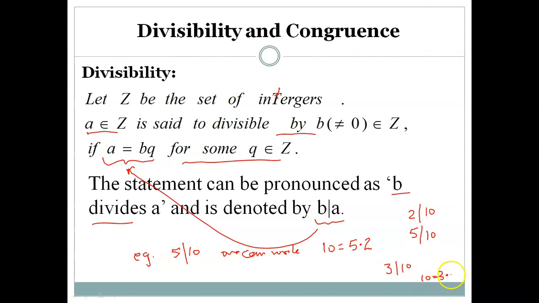There is no integer such that their product equals 10. If I write 3 and another integer, I cannot find one so that the product will give you 10. So I can say 3 does not divide 10. So this is the idea of divisibility. Keep in mind, I again repeat, that a non-zero integer B divides A if A can be written as B into some integer q. This is the idea.